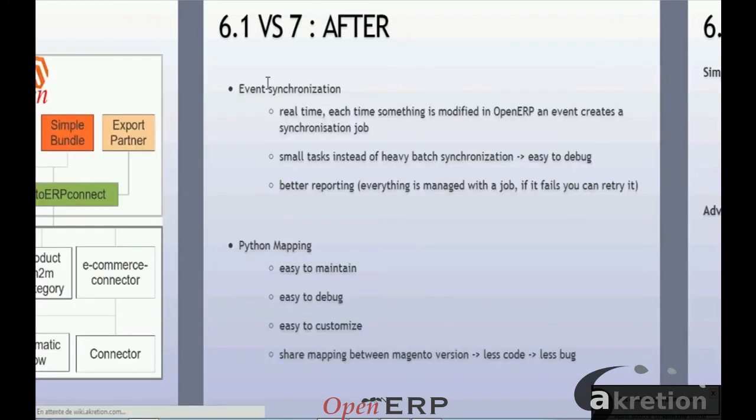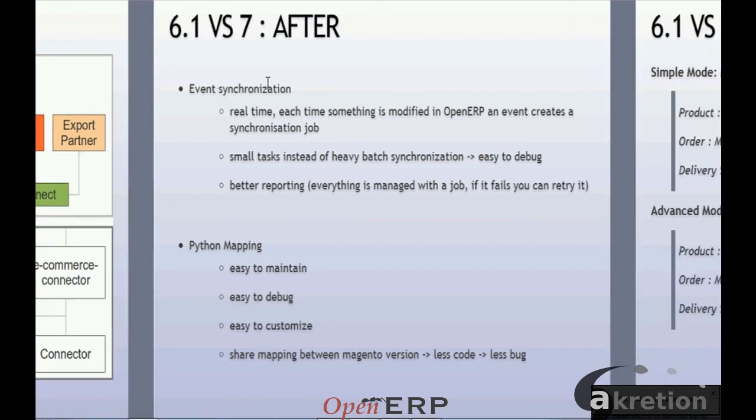So what is new? What is the big change with this 7th version? Now, when we synchronize something between OpenERP and Magento, we implement an event synchronization. So if I change in OpenERP the status of a sale order, automatically OpenERP is going to create a job, and this job is going to synchronize the status of the sale order in Magento.